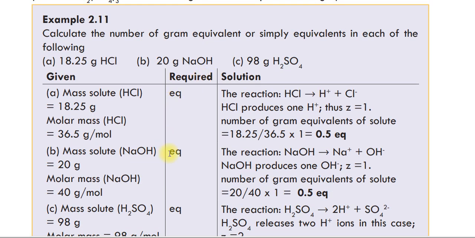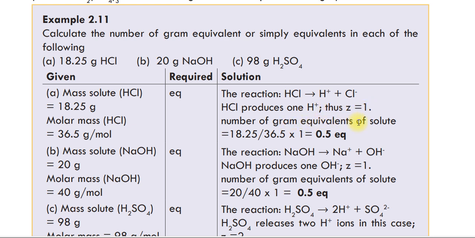Required is the equivalent. Find the number of gram equivalents, or simply equivalents, so we need to find z. The reaction: hydrochloric acid means hydrogen ion plus chloride ion, so hydrochloric acid, or hydrogen chloride, produces one hydrogen ion, the z equals 1.